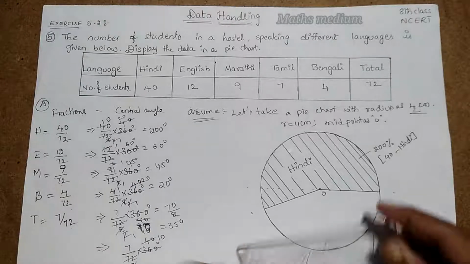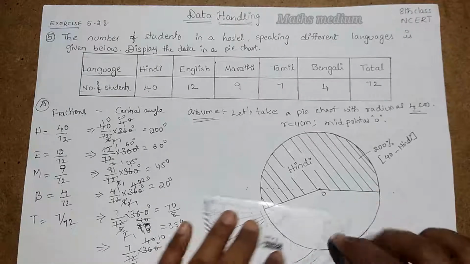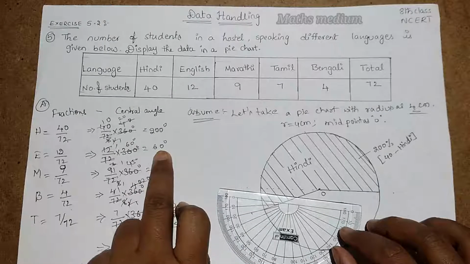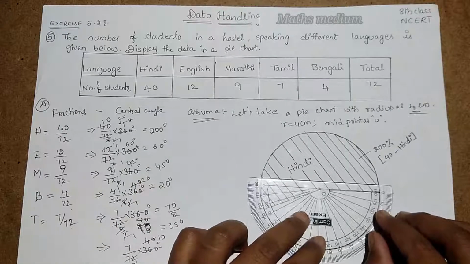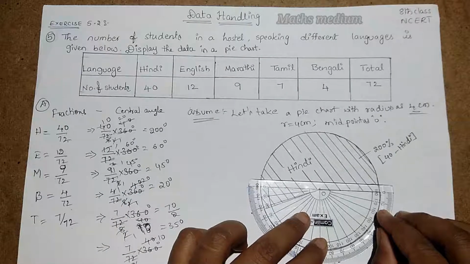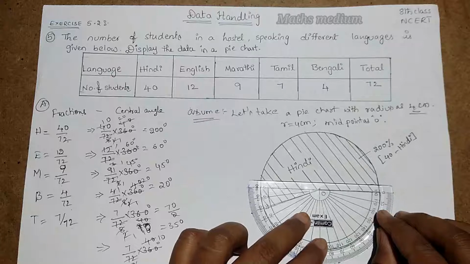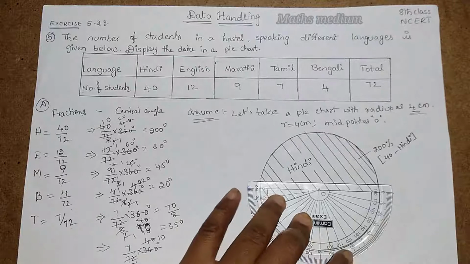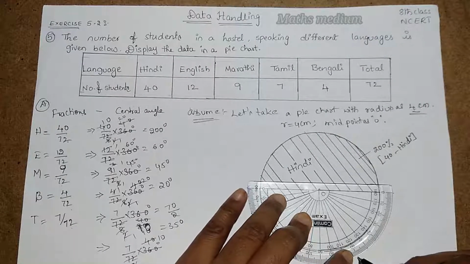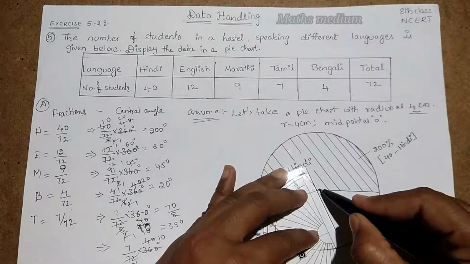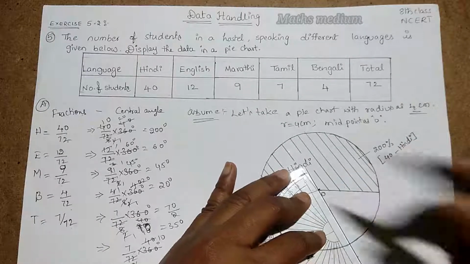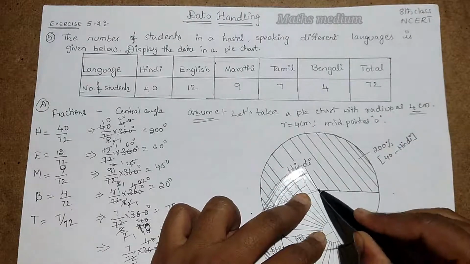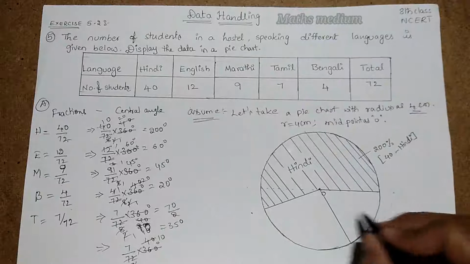So from this I am taking this line as the base, marking English as 60 degrees. Make sure that the line is parallel to that line also. Dotted line here, 60 degrees. So from here, 60 is this. Draw a line through that point to the midpoint. So this 60 degrees contains English.